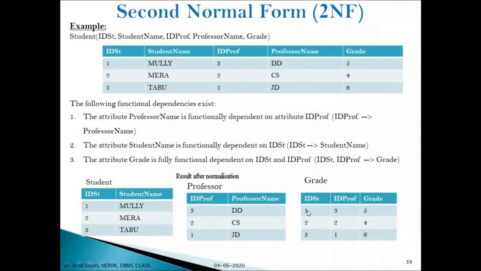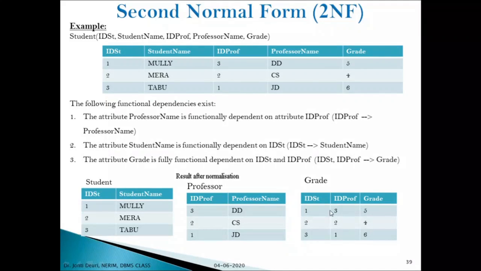For professor ID 3 and student ID 1, that means Molly, and professor ID 3, that means Didi, what is the grade? It has the grade 5, right?